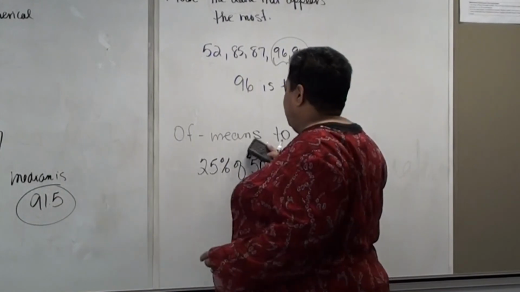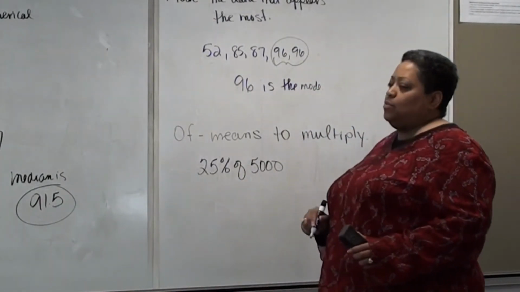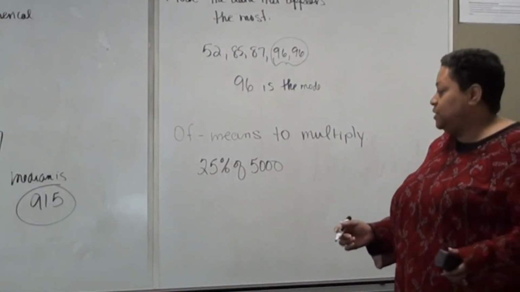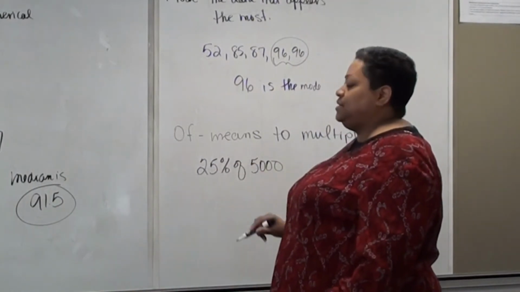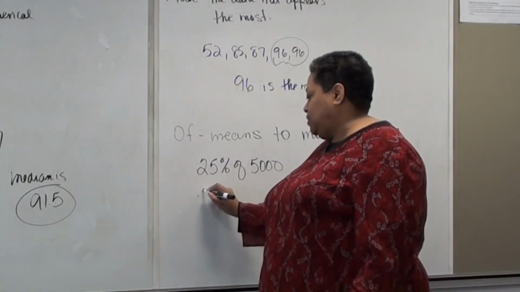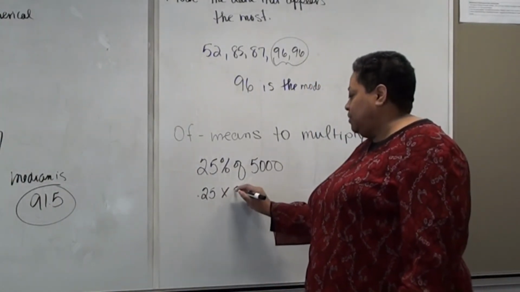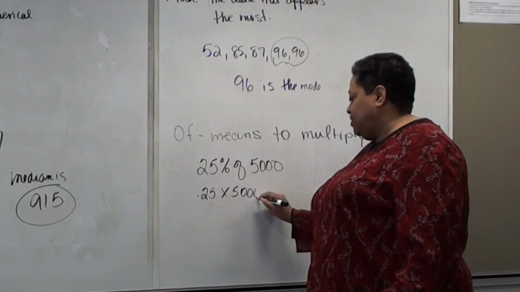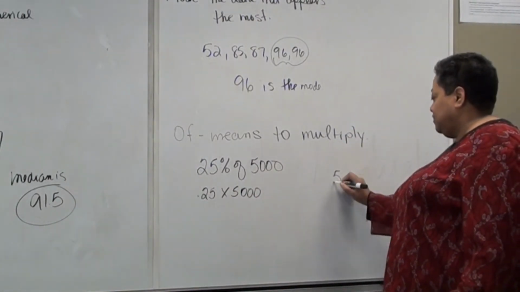Now we know there's more than 5,000 kids in foster care. But what I want you to do, this is just for illustration purposes. Now, we're going to change this 25% to a decimal, which is 0.25. And then we're going to multiply that with the 5,000. Okay?